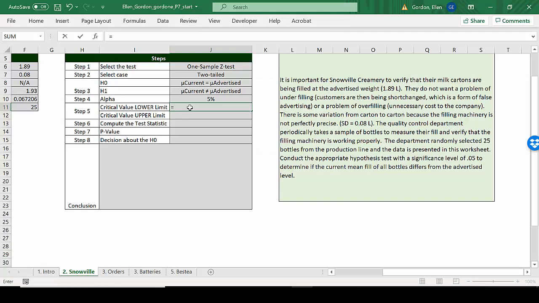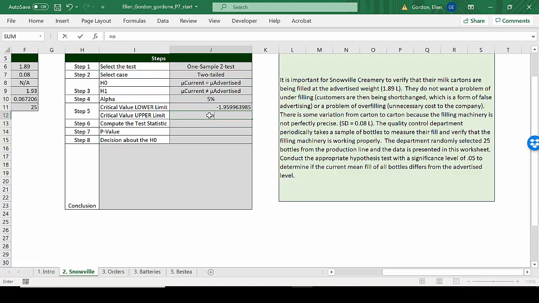When you conduct a two-tailed test, you have two critical values, a lower and an upper. They will be the same number, but the lower will be negative and the upper will be positive. The Excel function for the lower limit, the lower critical value, is NORM.S.INV, and then we take our alpha and divide it by 2.